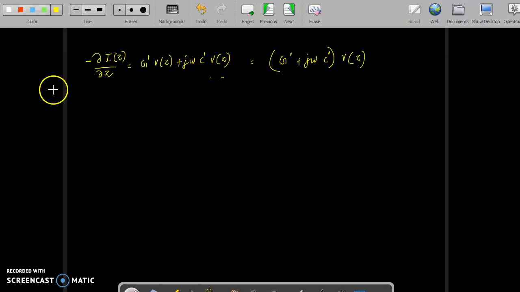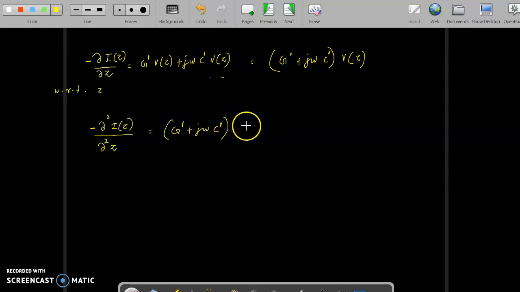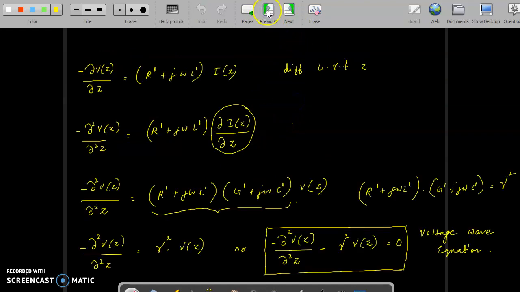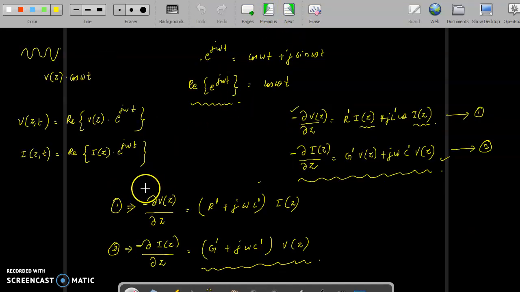I am going to differentiate this function with respect to z, so this can be written down as d squared I of z by dz squared equal to g dash plus j omega c dash times the derivative of V of z. But we know this expression, so if you refer back, we can put it there.